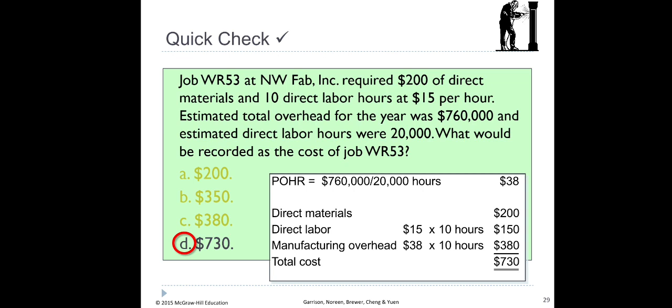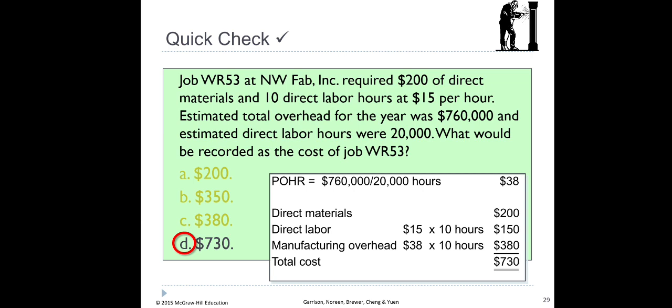So when you want to calculate overhead cost for this job, remember you have to do two steps. First, you have to calculate the predetermined overhead rate. Okay. What is the formula for predetermined overhead rate? The formula is estimated or budgeted overhead cost divided by estimated or budgeted allocation base.